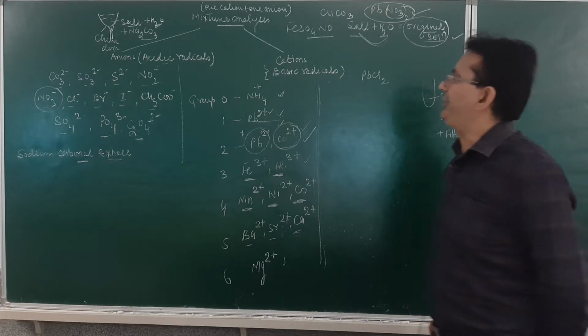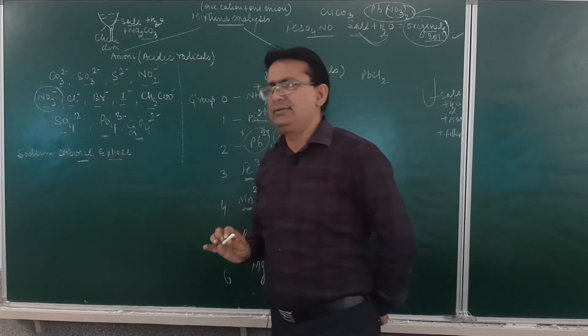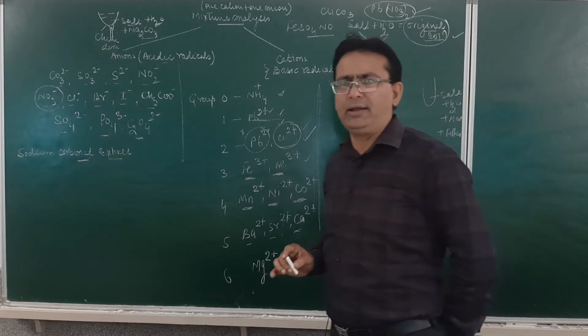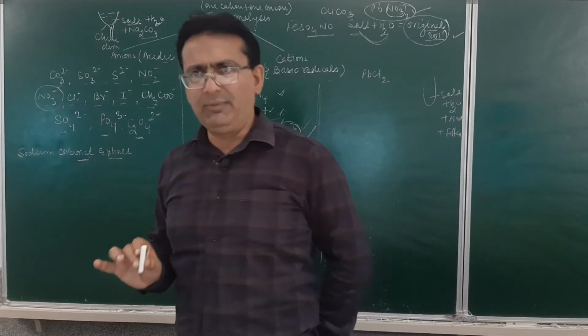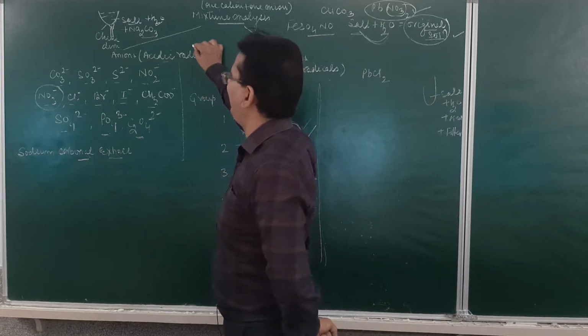Now as far as the mixture analysis is concerned, you will be given a salt, and that salt will contain one cation and one anion. Am I getting clear? Now the various anions are called acid radicals.